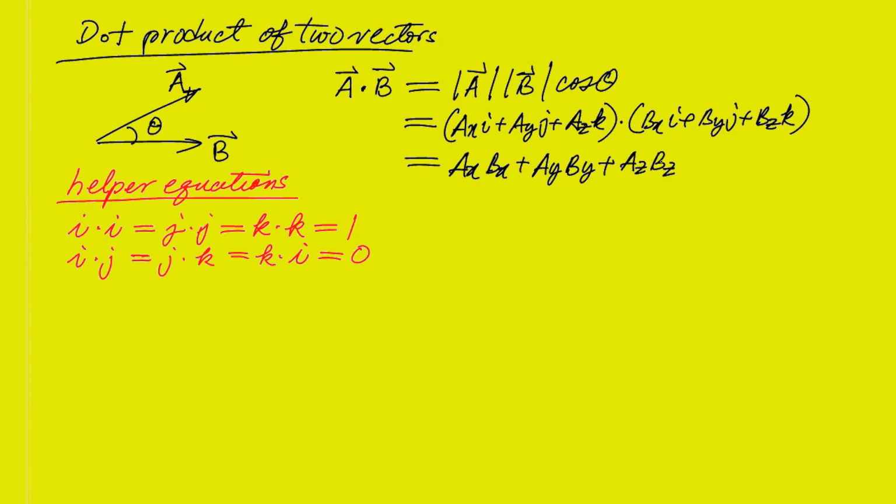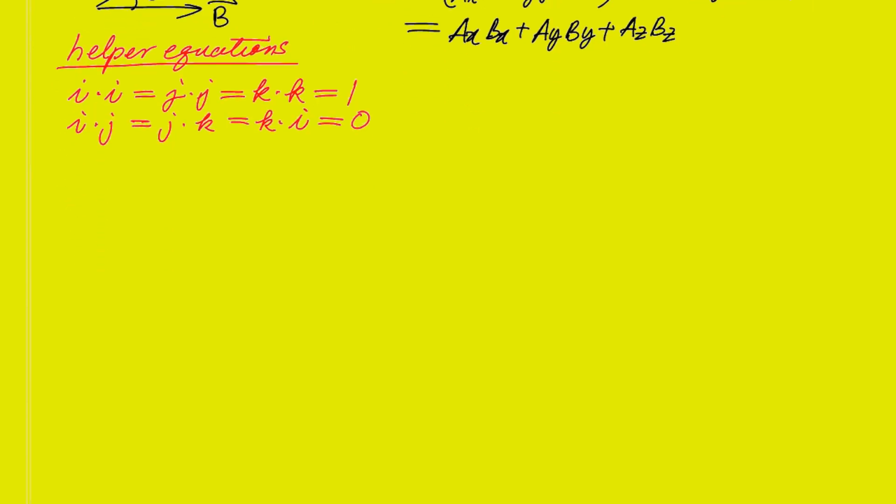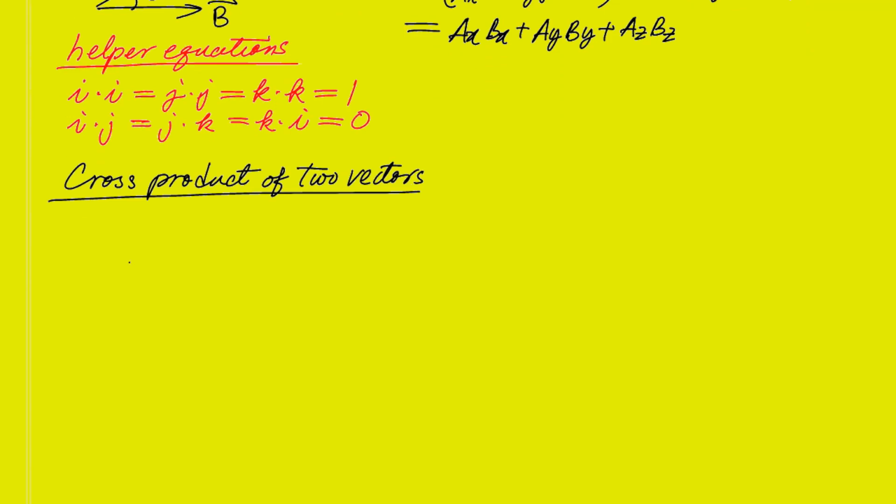Finally, let's look at cross product between two vectors. Cross product of A and B vectors will produce a result that is also a vector, and let's call that A cross B vector. The direction of that vector happens to be perpendicular to both the A vector as well as the B vector, indicated by this.